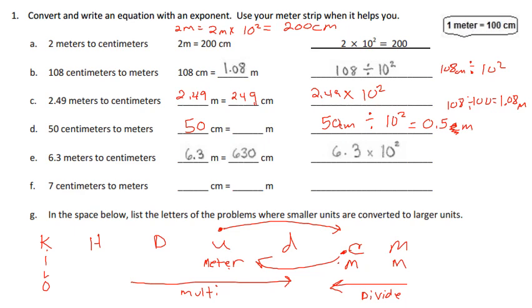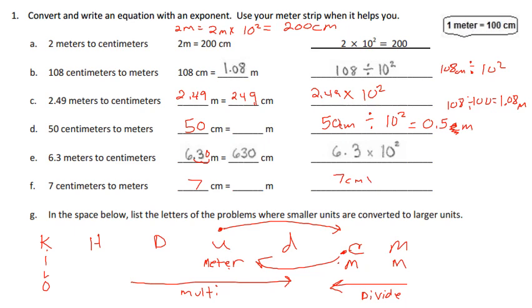E. They've already done for us, but it was 6.3 meters. Multiplication, because we're going from meters to centimeters. And it's 10 to the second, 2 positions. So it'd be times 100. So that's position 1, 2, and you ended up with 630 centimeters. Our last one, we have 7 centimeters.